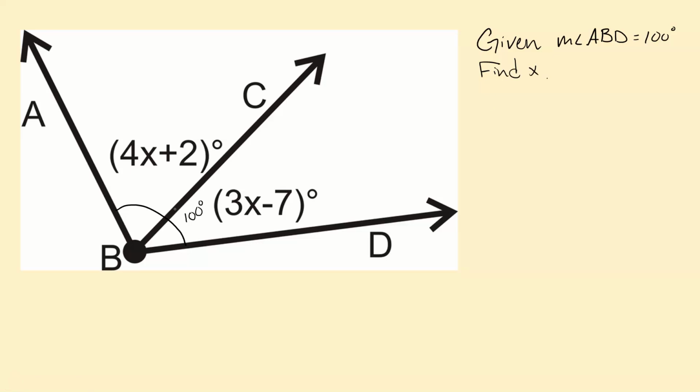So we can do that algebraically using the angle addition postulate because we know each of these angles individually as algebraic expressions. So we can say the measure of angle ABC, plus the measure of angle CBD.